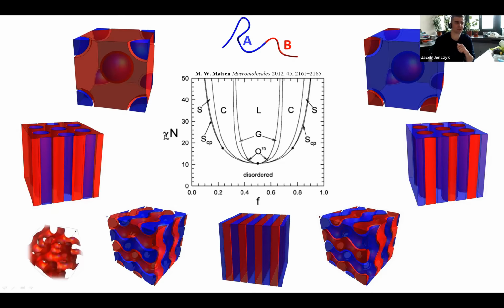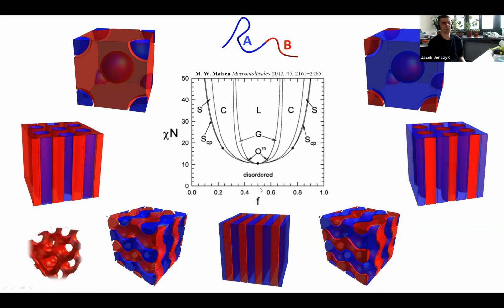Chi is the Flory-Huggins interaction parameter, which provides us information about the energy of interaction between 2 different subunits within such a system. And n represents the number of subunits in the polymeric chain, so basically it is directly proportional to the molecular weight.